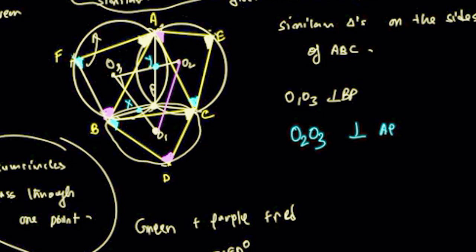PXYO3. Excellent. As Anant pointed out, this is the cyclic quadrilateral that we are looking at. Why? Because we just showed that the angle at Y is 90 degrees and the angle at X is also 90 degrees. So certainly that quadrilateral is cyclic.